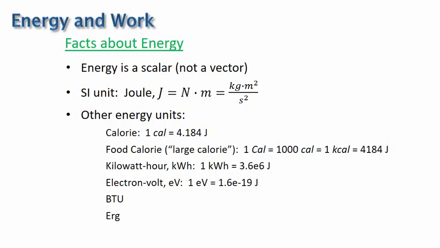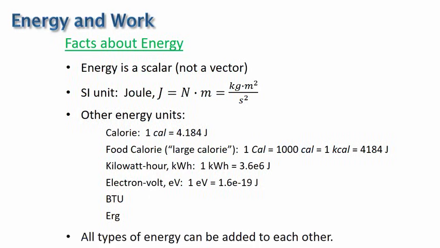Electric energy is typically measured in kilowatt hours, where 1 kilowatt hour is equal to 3.6 times 10 to the 6 joules. The energy unit electron volts is commonly used for very small energies, such as those associated with atomic energy levels. 1 eV is equal to 1.6 times 10 to the minus 19 joules. And then BTUs and ergs are two other units that you may come across.